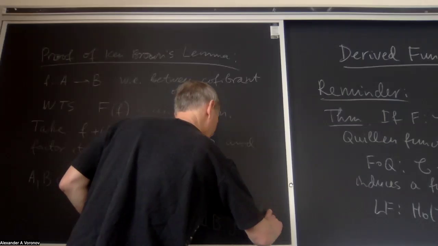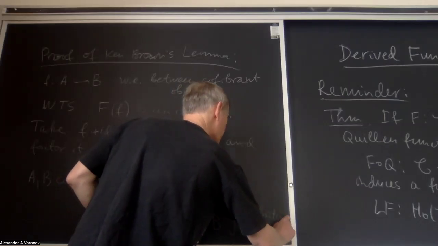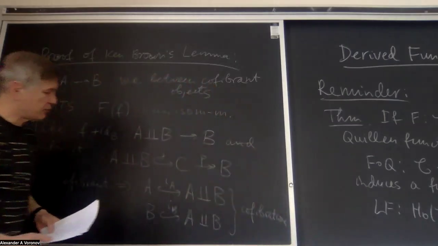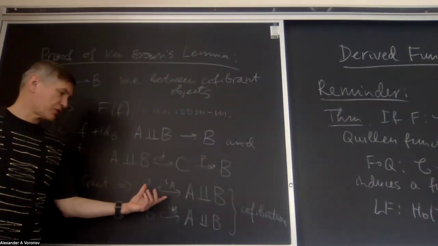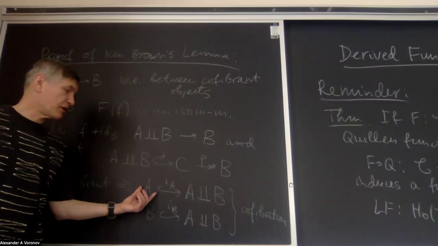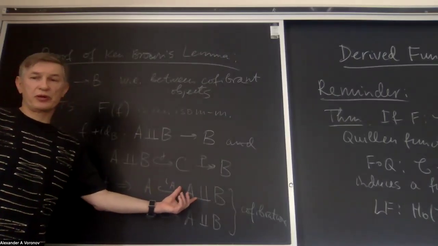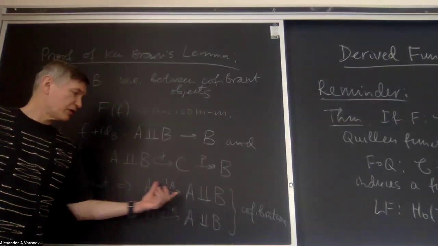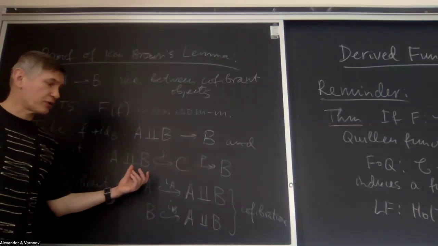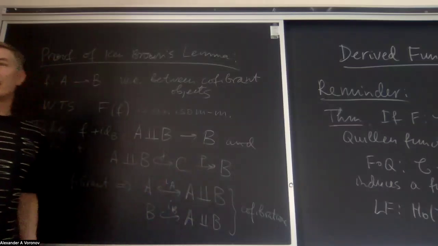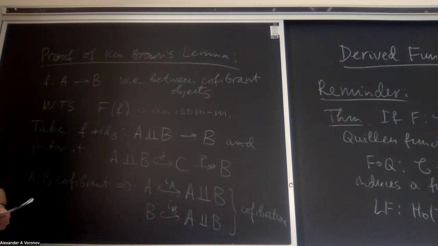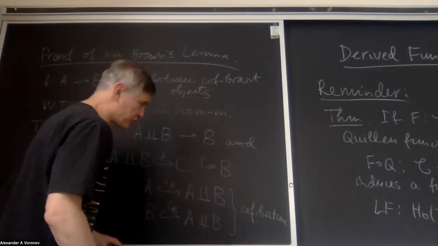They are cofibrations because they are coproducts of the identity map. For instance, the first one is the coproduct of the identity map of A with the map from 0 to B, and both are cofibrations, and cofibrations are preserved by coproducts, right?